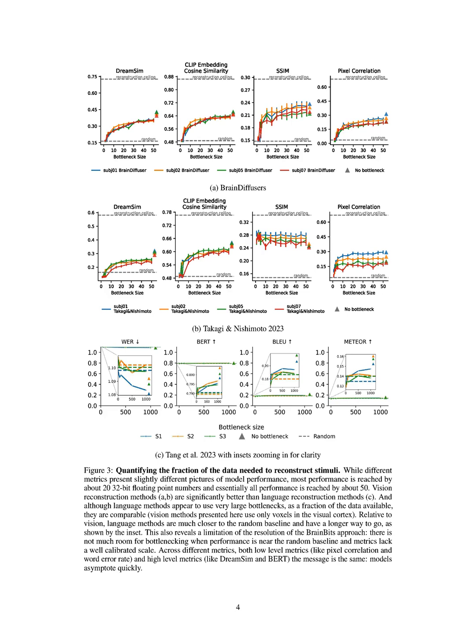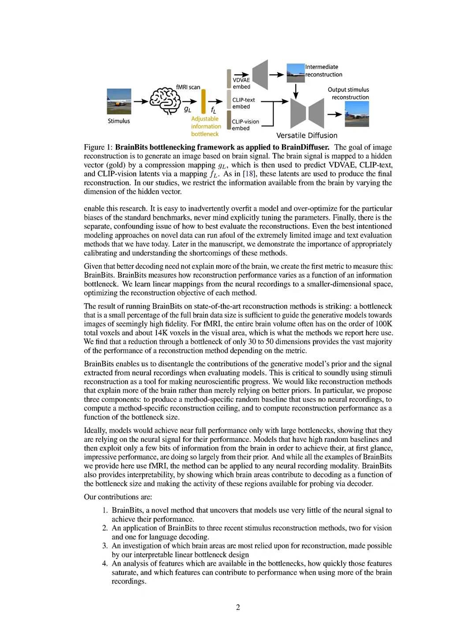This mapping compresses the brain data into a vector of size L, which is then used to optimize the reconstruction of images or text. The reconstruction quality is evaluated using various metrics, allowing for the generation of a curve that shows how reconstruction performance varies with different bottleneck sizes.